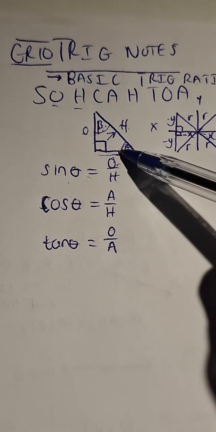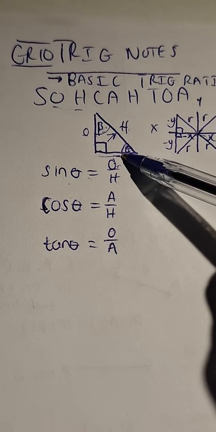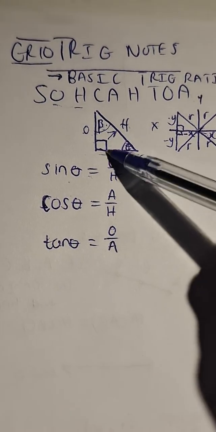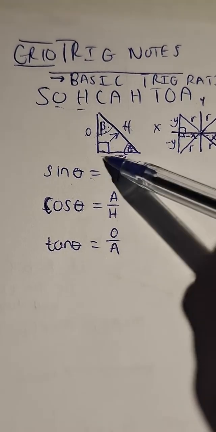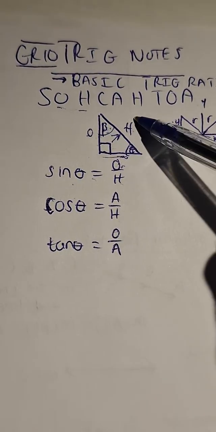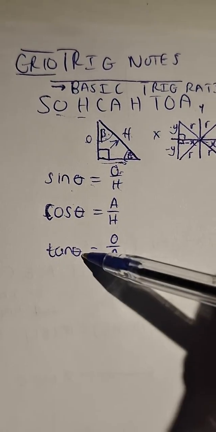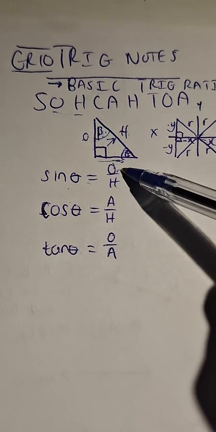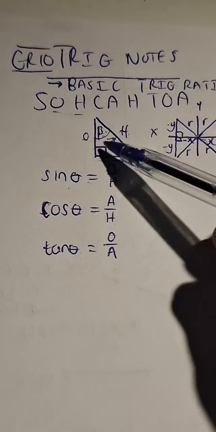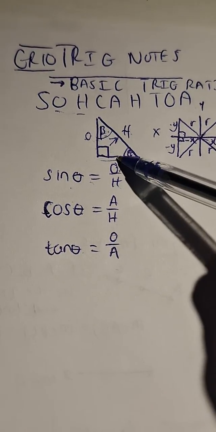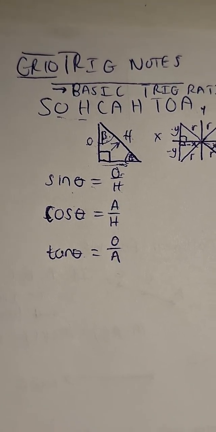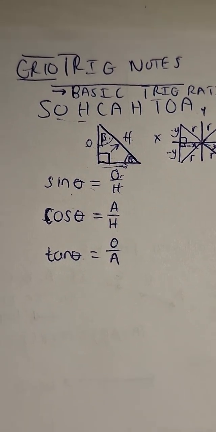Cos theta, remember, the definition of cos is adjacent, the side next to the angle theta, adjacent over hypotenuse. Then tan theta is opposite over adjacent, O over A. The adjacent side is always next to the angle we are referring to.